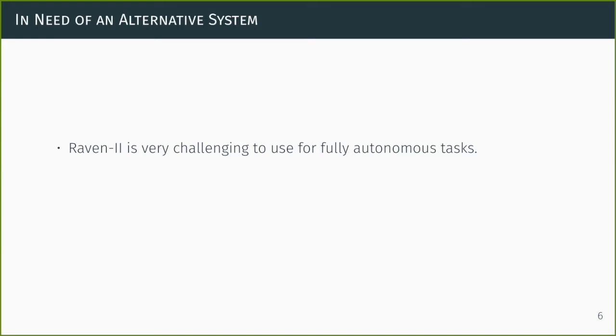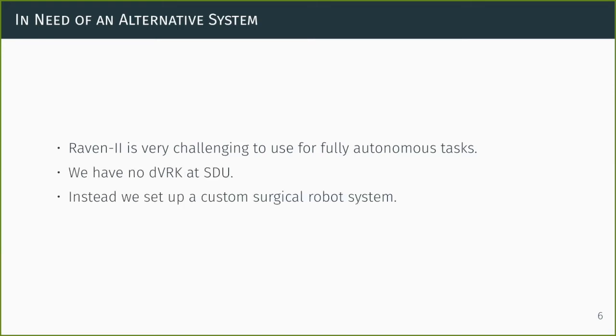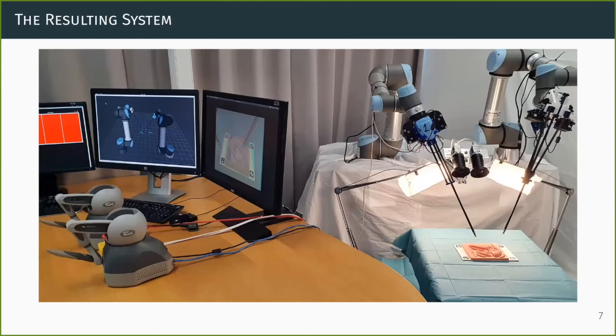And the result was this here. So this is kind of what we came up with. UR robots with custom adapters for mounting and actuating standard surgical instruments, a custom stereo camera rig, and a, let's say, poor man's surgeon console.